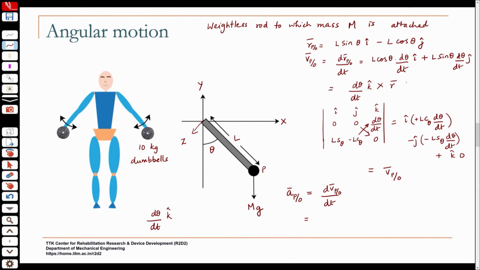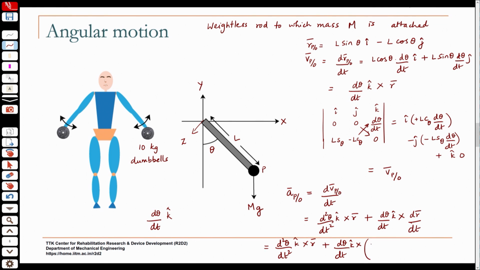The derivative of this is d square theta by dt square k cross r, plus the second term, d theta by dt k cross dr by dt. What is dr by dt?